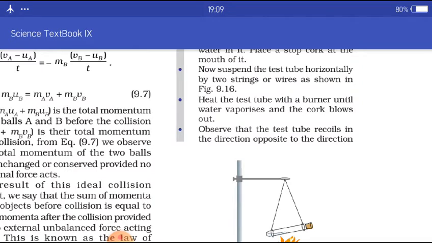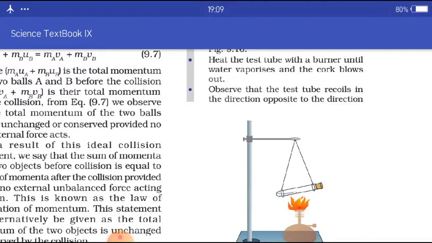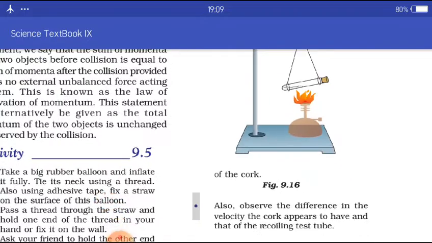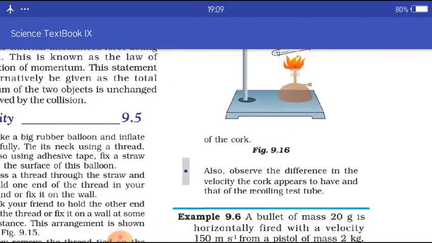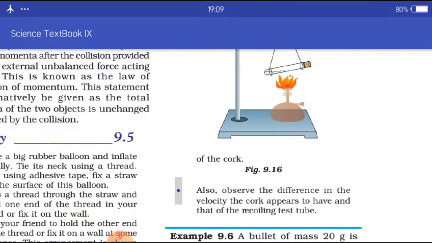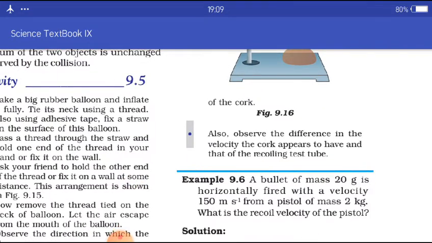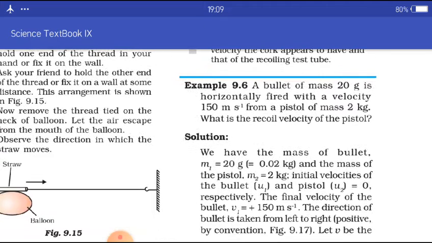Observe that the test tube recoils in the direction opposite to the direction of the cork. Here is the diagram. Also observe the difference in the velocity the cork appears to have and that of the recoiling test tube.